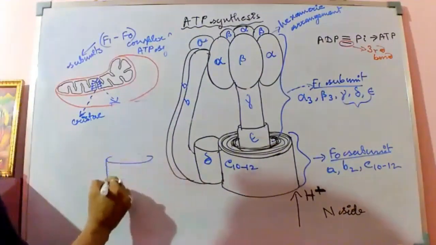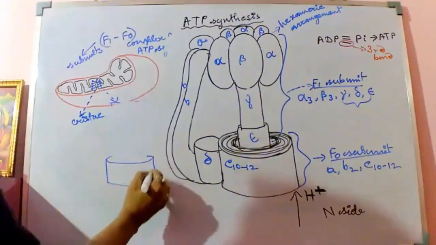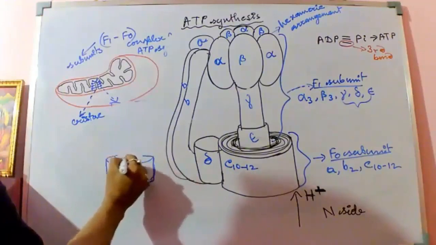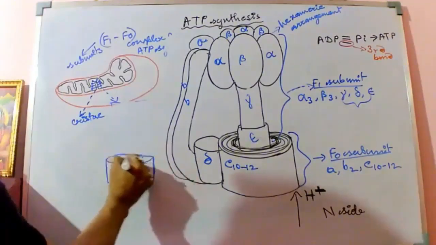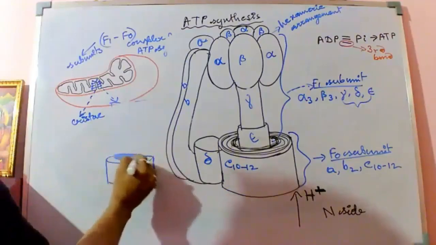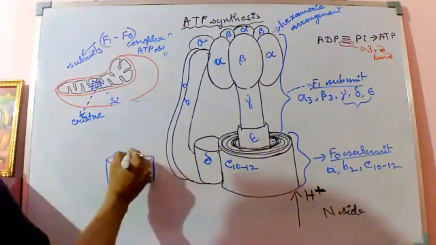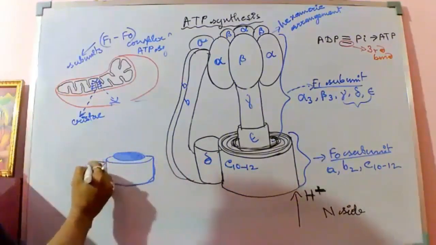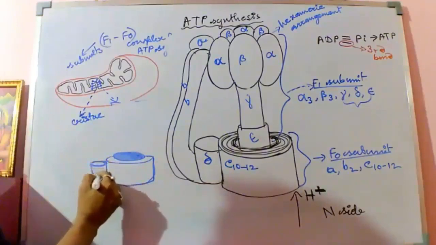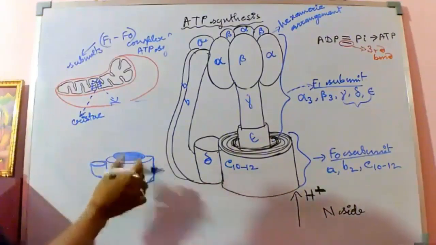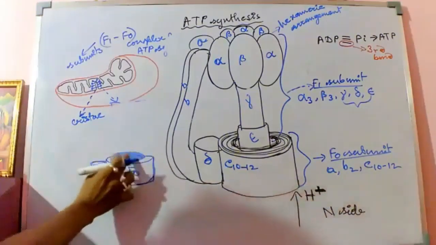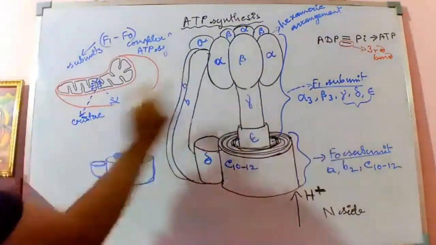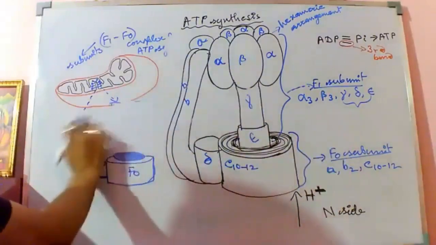This is the base of the F1, F0 subunit, this is the base, right? And here the constriction, the hollow, is being created in the F1 subunit. In this F0 subunit, this is the hollow chamber being created. Now when the F1 subunit or complex is getting detached, it is getting detached in this way.